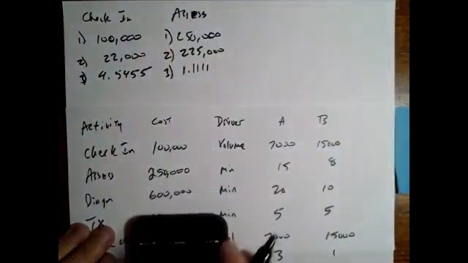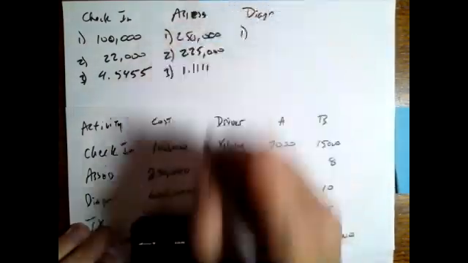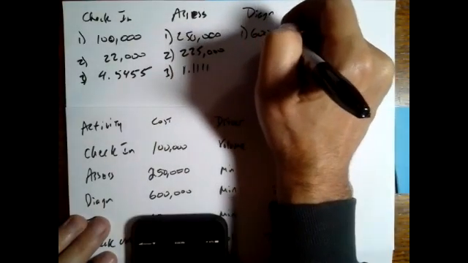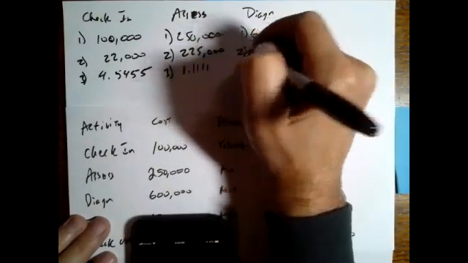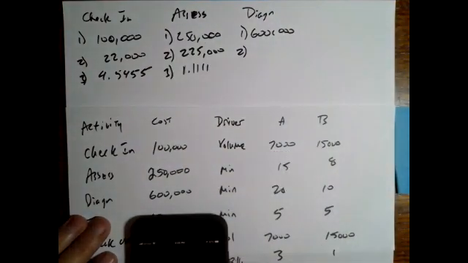For diagnosis next, the cost pool is 600,000. The driver is 20 times 7,000 or 140,000, right?